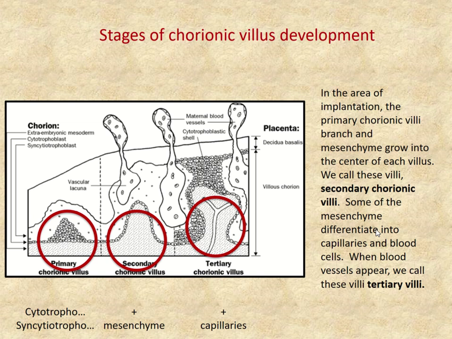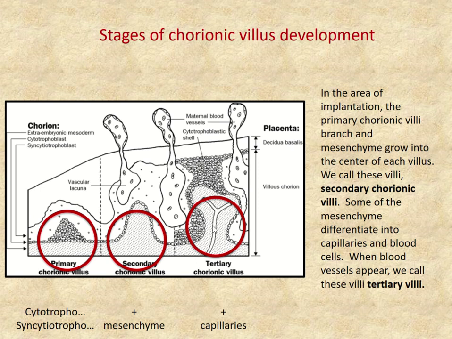A little farther along in development, we refer to the next villus as a secondary chorionic villus when that villus gets infiltrated by mesenchyme. So as mesenchyme comes into the core, we call that a secondary chorionic villus.